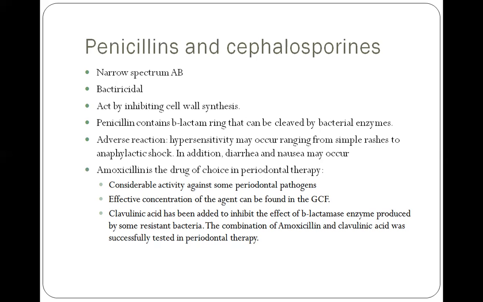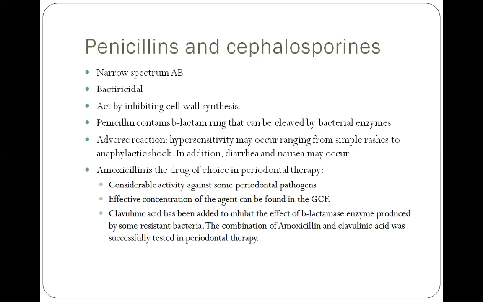Because first of all, it has considerable activity against pathogenic periodontal bacteria, or periodontal pathogens. Secondly, the concentration inside the gingival crevicular fluid is effective. So it can lead to an effective concentration inside the periodontal pocket.